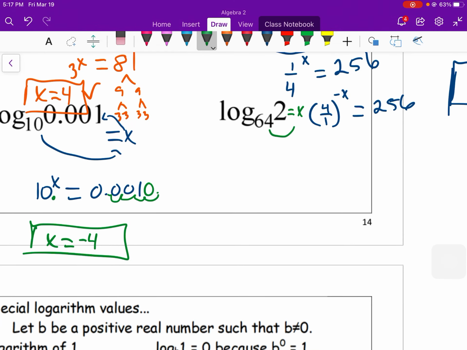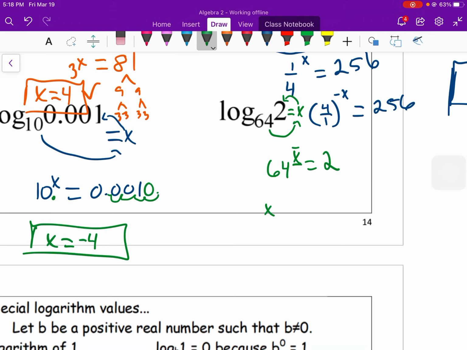To the x. 64 to the x equals 2. All right. So we have a bigger number than what we're trying to get to. So another property of exponents, we're going to want to take the root.